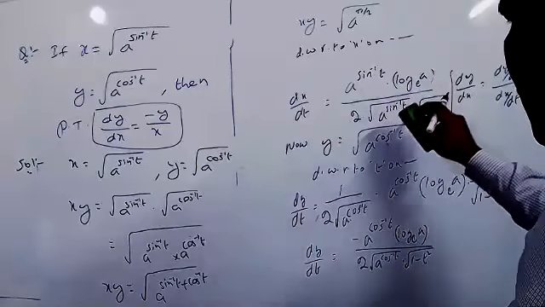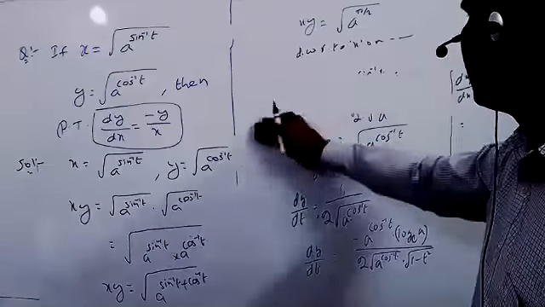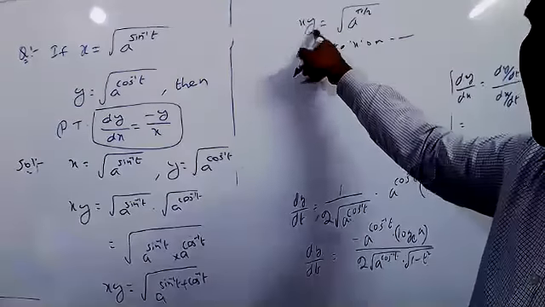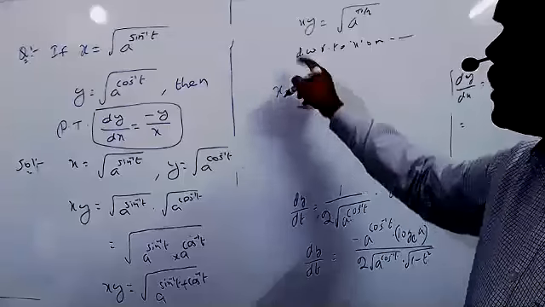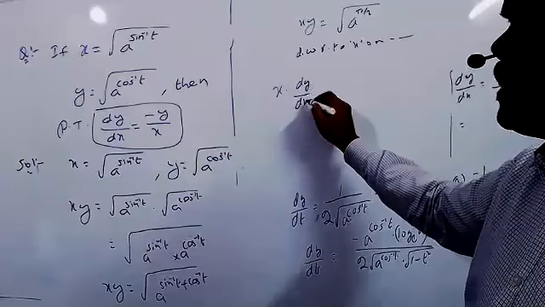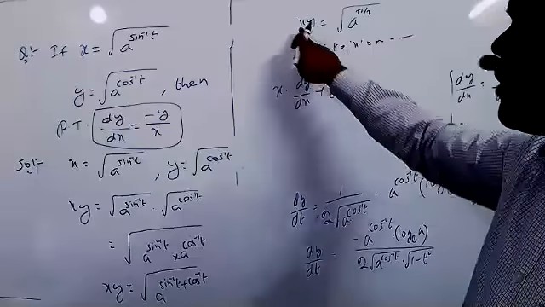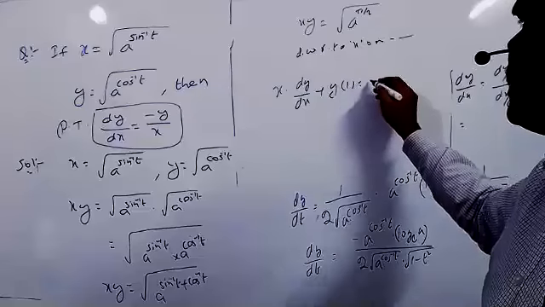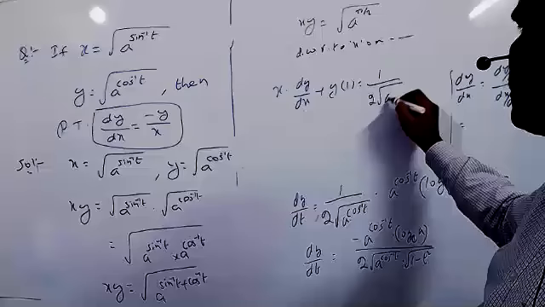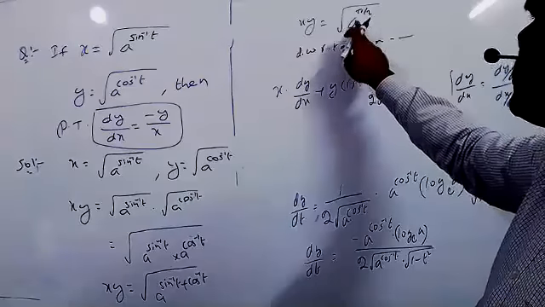Did you copy this one? Yes, sir. Okay. Now differentiate this value. X into y, you can apply the UV formula. So what do you get? X into dy by dx plus y into the differentiation of x, which will be 1, equal to the differentiation of root x, which will be 1 by 2 into root of a power pi by 2 into, again, the differentiation of a power pi by 2.